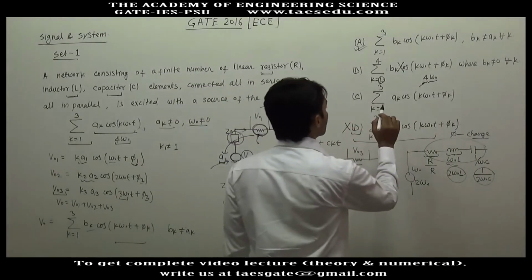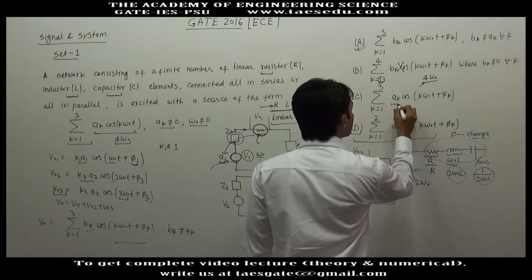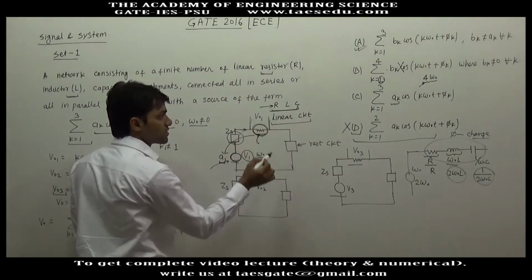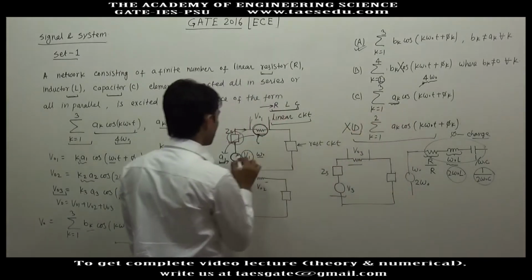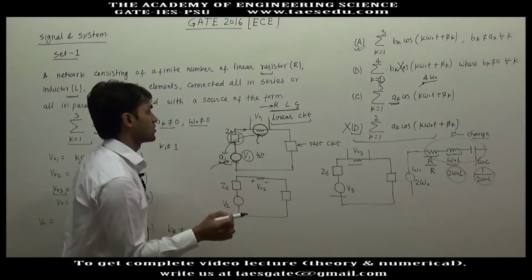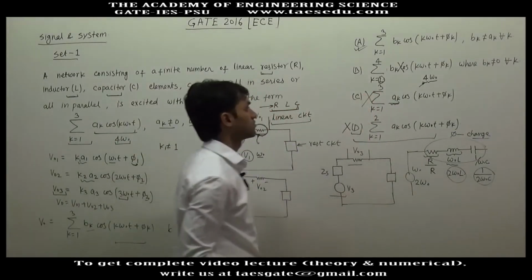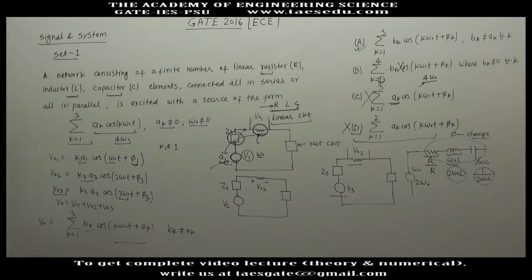And in option C, the amplitude of voltage across the resistance is the same as the amplitude of input, but there has to be some voltage drop across source impedance. So this option is also wrong. So this way, by checking options, you can easily solve this question, and this will be the general analysis. This is the general method to find out the form of output.